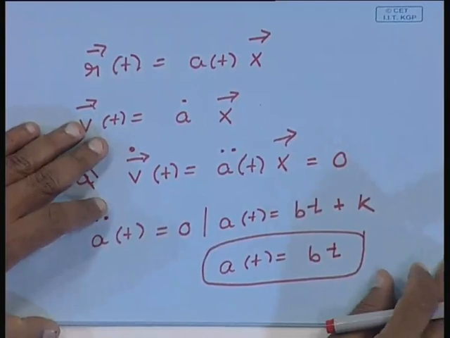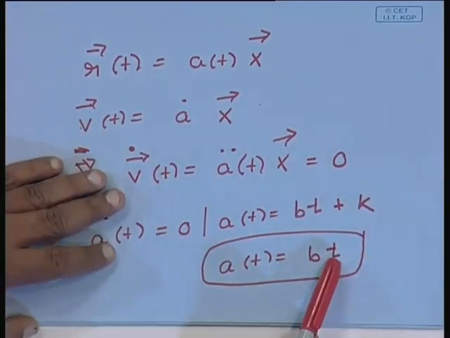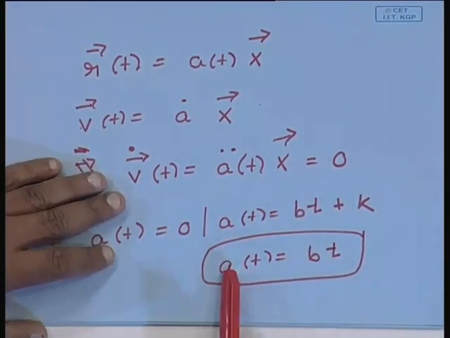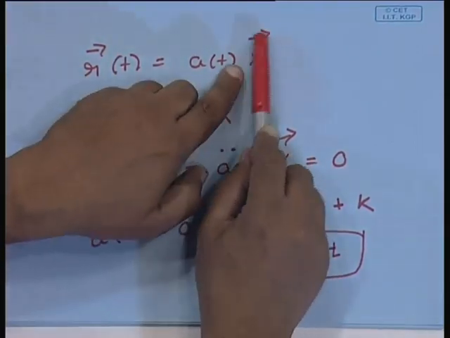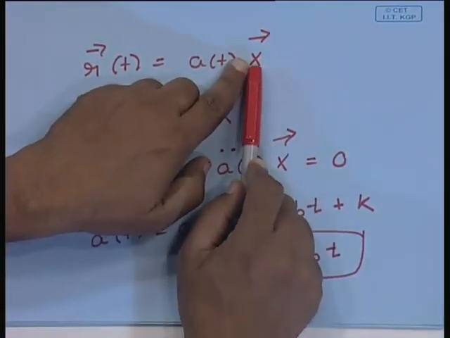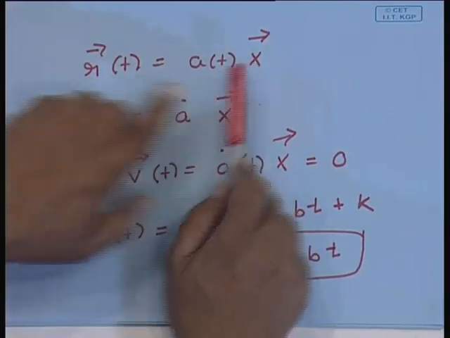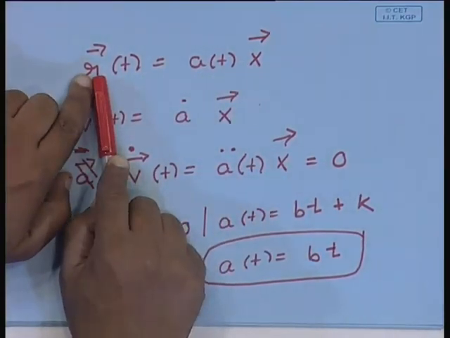Now, just see what happens at t equal to 0, the scale factor is 0. Once the scale factor becomes 0, all the galaxies, irrespective of what their comoving coordinate is, are at the same point, 0.